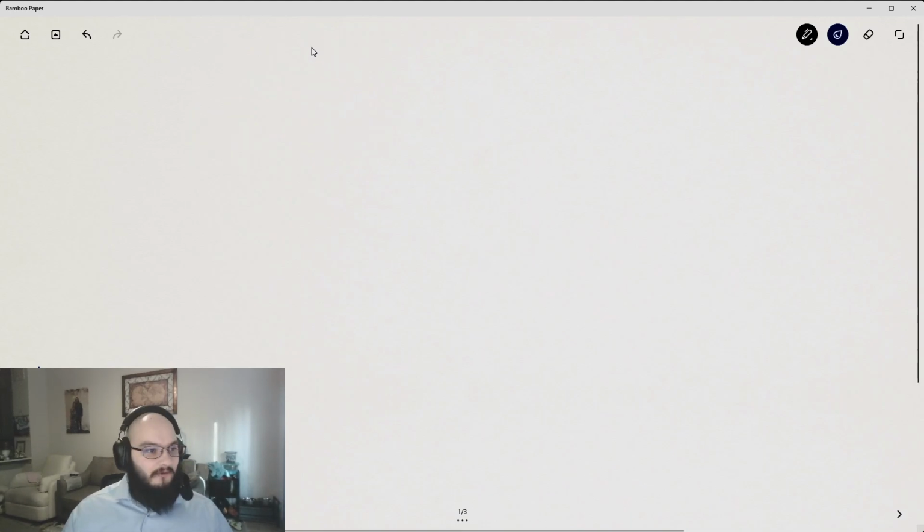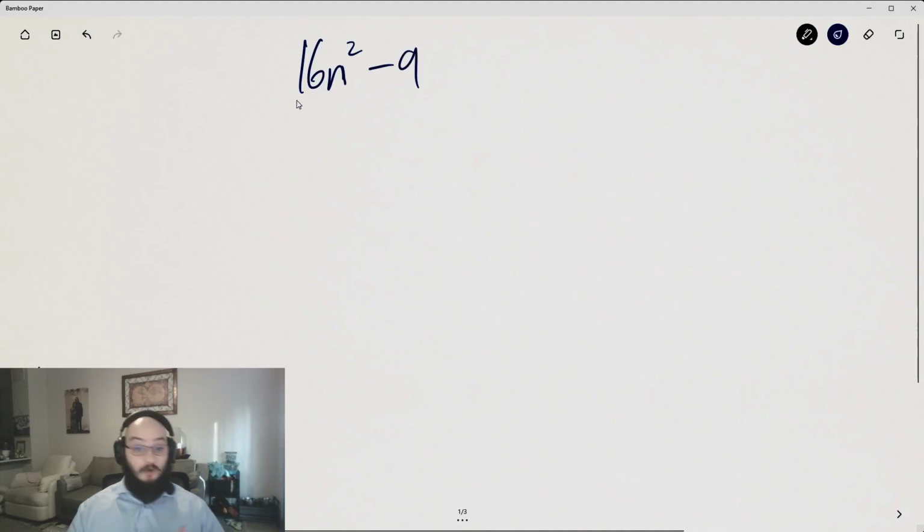Our first example is 16n squared minus 9. So, just like we saw earlier, our coefficient here is a perfect square, and the coefficient here is a perfect square. The process for making our factors is we're going to square root this, which will be 4n, and we're going to square root this 9, which will be 3.